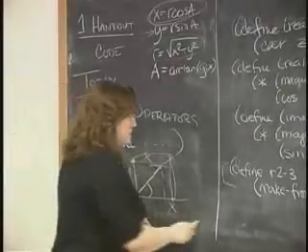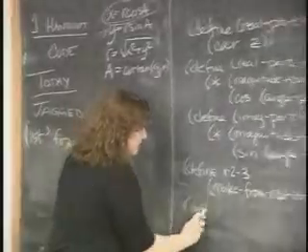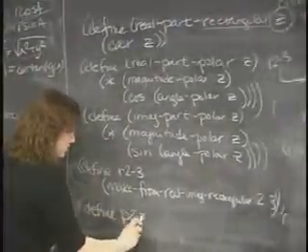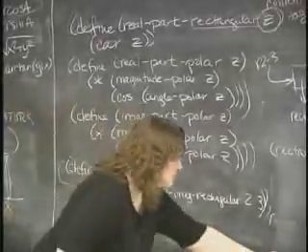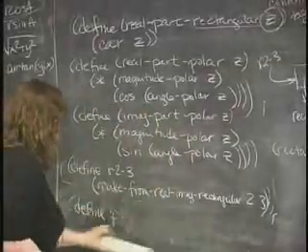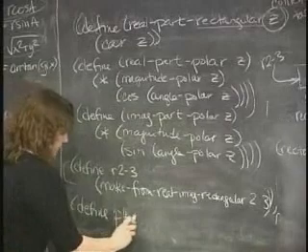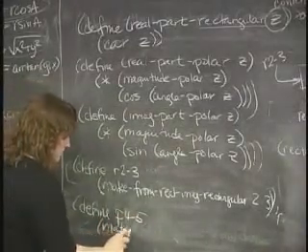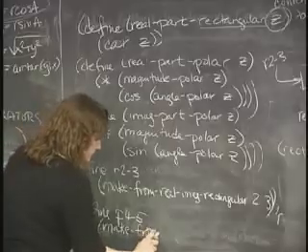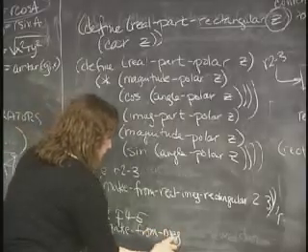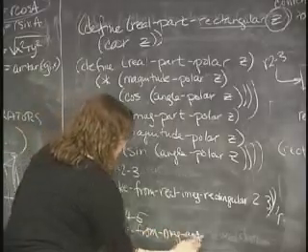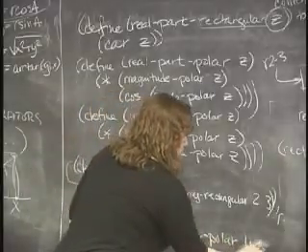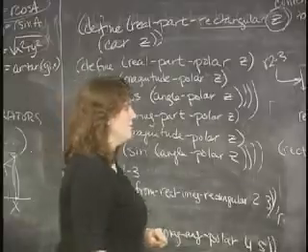Okay. Similarly, we could define polar 4, 5 to be make from mag angle 4, 5.